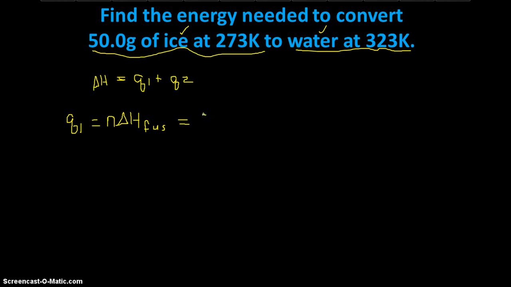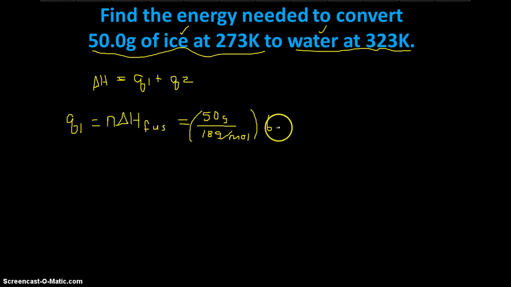So I'm going to say that I've got 50 grams of the substance, and I know the substance, since it's water, is 18 grams per mole. Okay, so that's n.